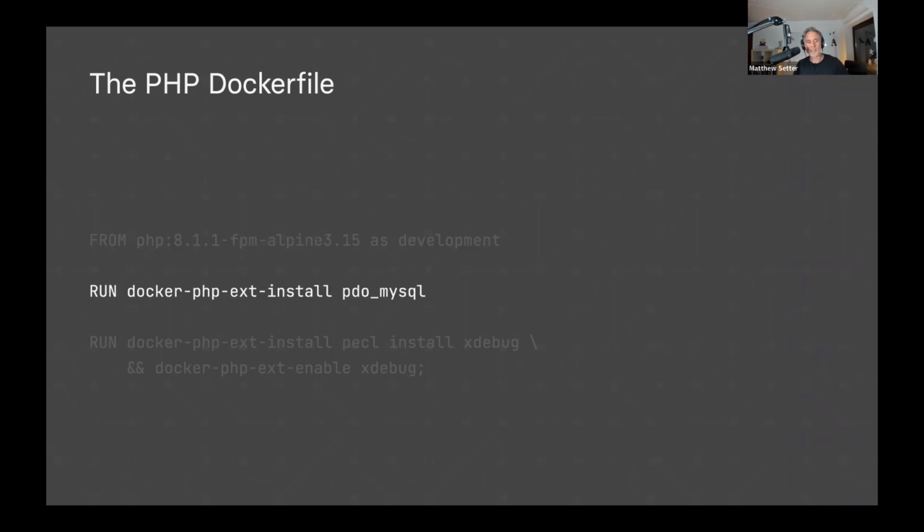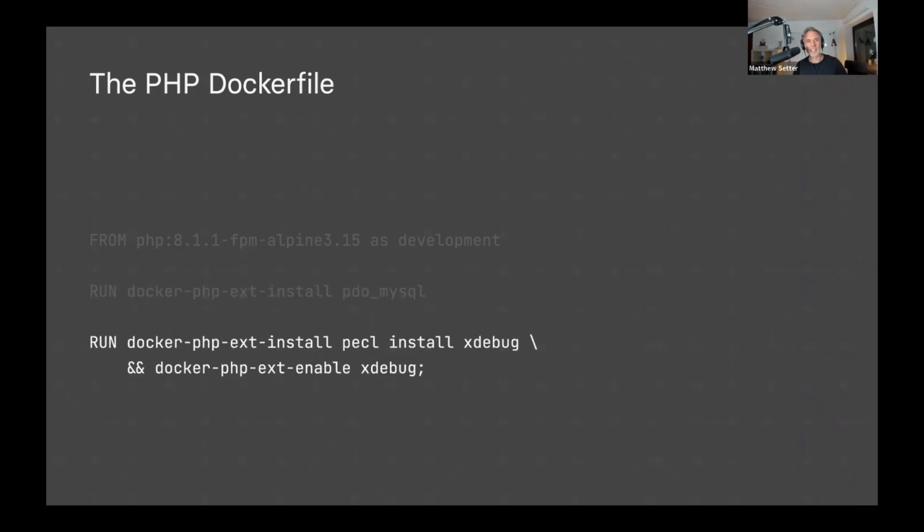Now, next comes your RUN instruction, or in this case, it does, sorry. In this case, it will install the PDO MySQL extension so that PHP can interact with the backend MySQL database. And then it installs Xdebug, which provides step-through debugging for the development environment.